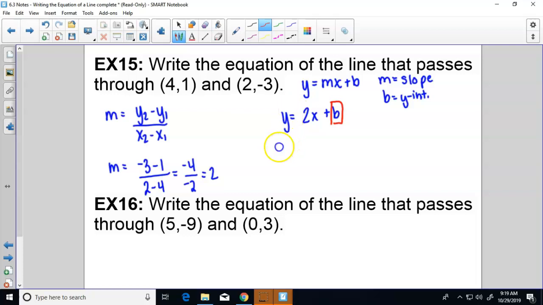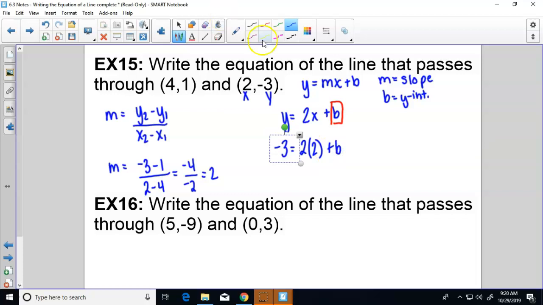We could do -3. Tell me that again. Hold on. Let me write that down. This is our x coordinate. This is our y coordinate. So we replace the y with -3, like you did, and then instead of the x, what would we have? The 2, and then the plus b, right there.